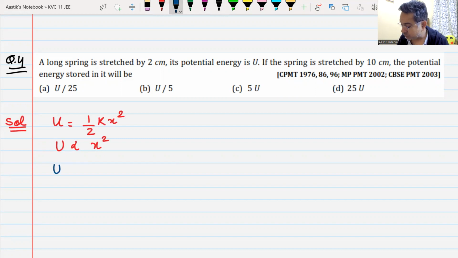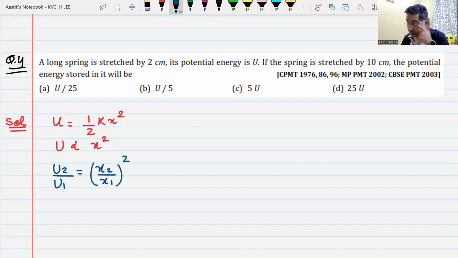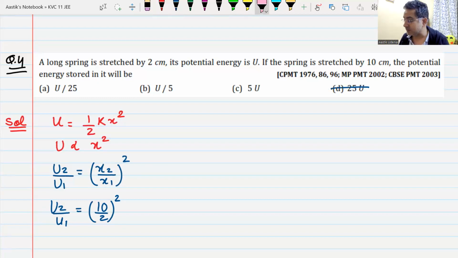So, U2 by U1, final energy by initial energy, will be (x2 by x1) squared. U2 by U1, x2 is 10, x1 is 2 squared, and you get your final answer, and the final answer would be 25 times U.